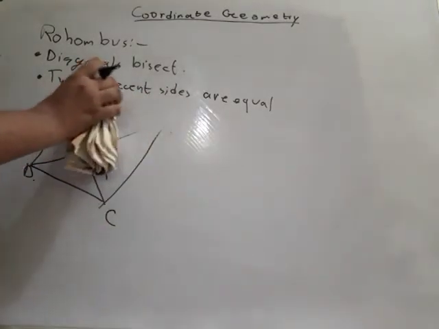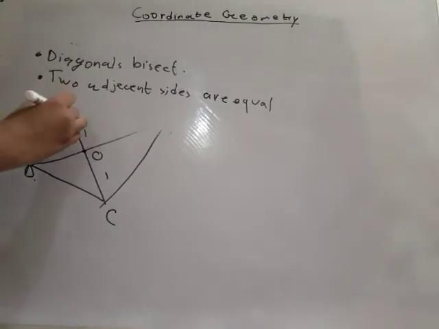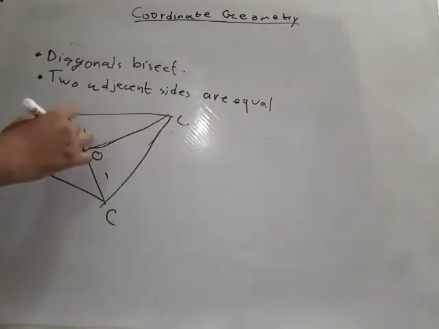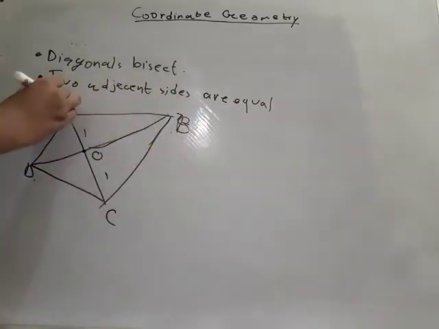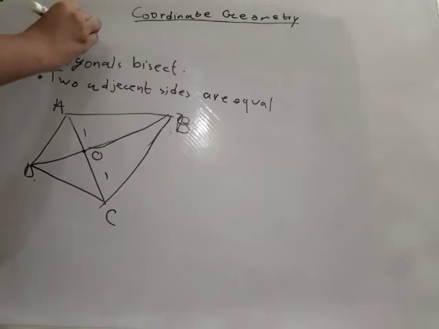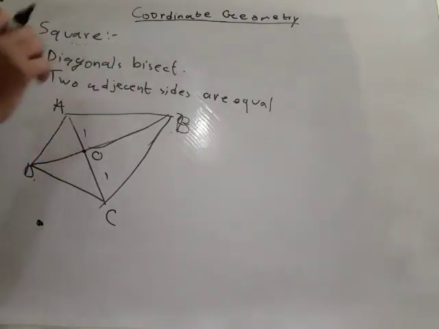Now how to prove that it is a square? So square has a special property. We have to prove that diagonals bisect each other and the two adjacent sides are equal.